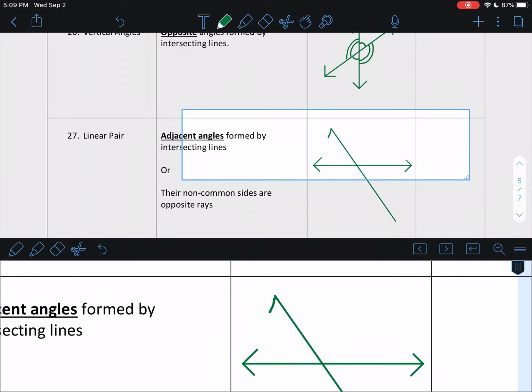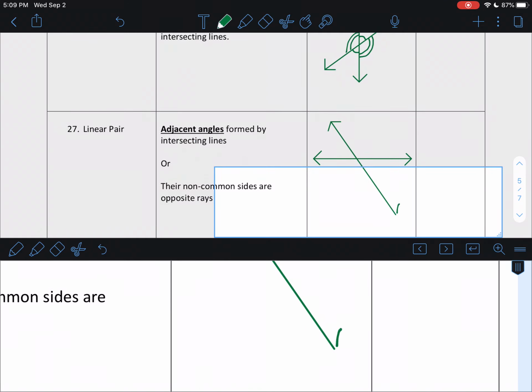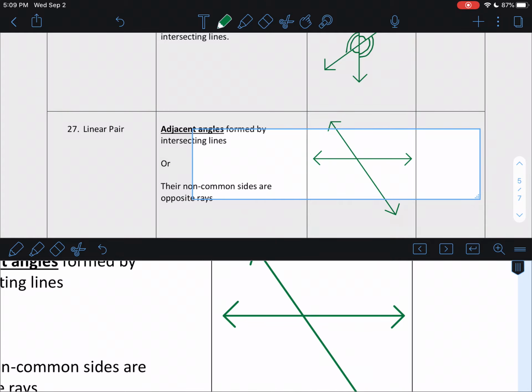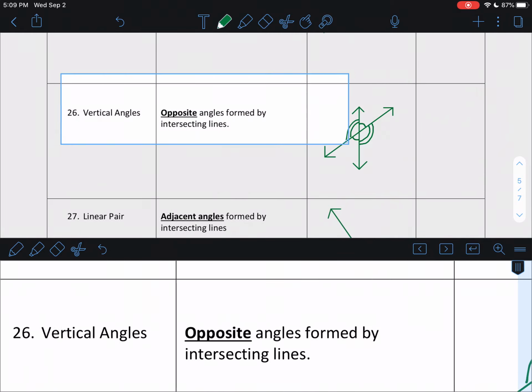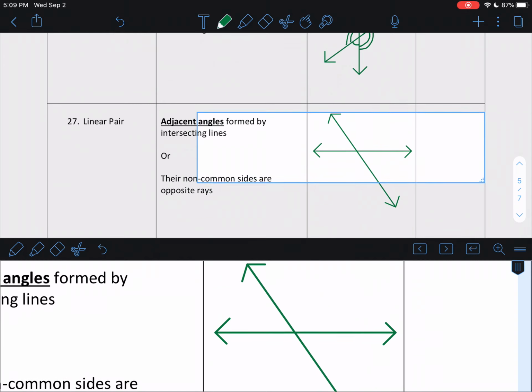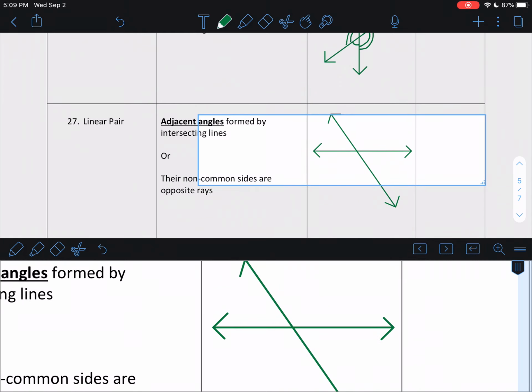Okay. So here is another picture. It looks pretty much the same as vertical angles, but the linear pair is going to be the two angles that are next to each other. So for example, this angle and this angle are the linear pair. The linear pair is the pair of angles that adds up to 180 degrees.